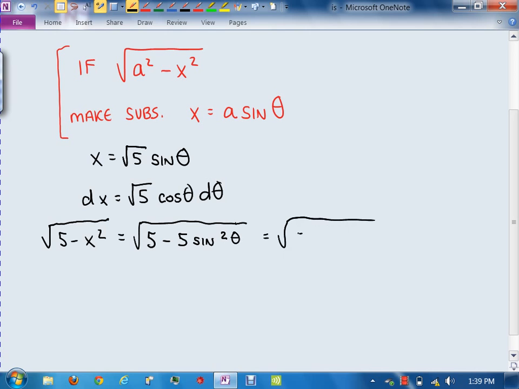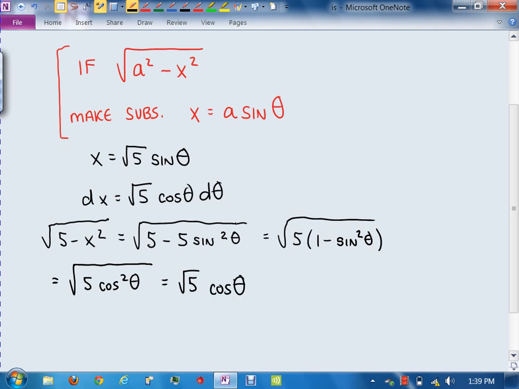So I have root 5 and then 1 minus sine squared theta, right? That's what happens when I factor a 5 out. And 1 minus sine squared theta turns into cosine squared theta. If I take the square root of that, I get square root of 5 cosine theta, don't I? The square root of cosine squared just becomes cosine. The square root of 5 I can't do anything with, so it's still root 5.